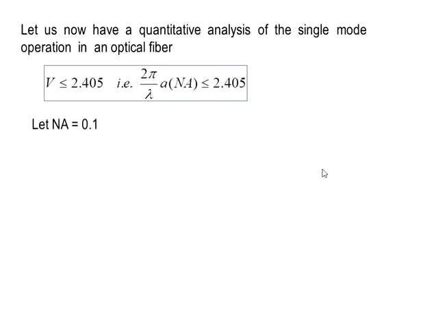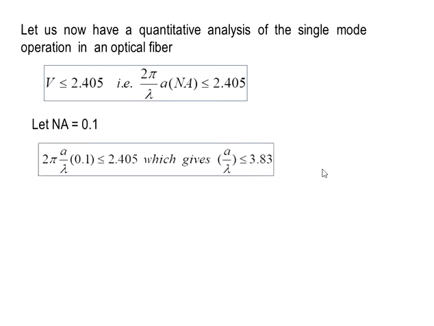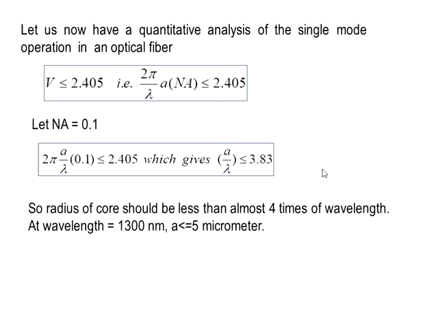Consider numerical aperture is 0.1, then we get the ratio of core radius to the wavelength is less than 3.83. So, now if we consider the wavelength 1300 nanometer, then we require core radius to be less than 5 micrometer.